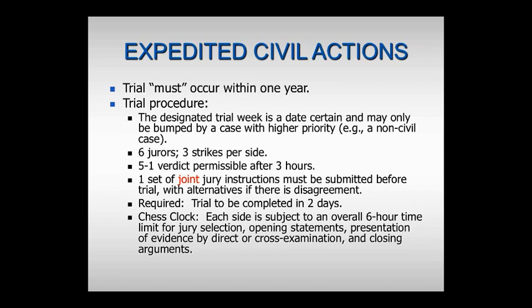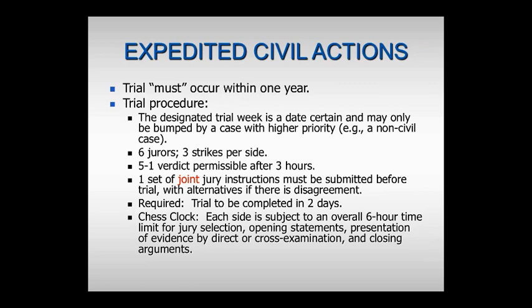The jury is smaller. The timeline for less than unanimity in the jury deliberations is less. Please note the reference to joint jury instructions. What you're used to is each side giving the court their own set of jury instructions. The whole point of one joint set is to help the court get ready for a fast trial.